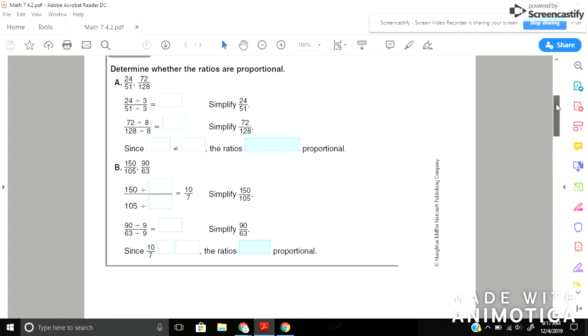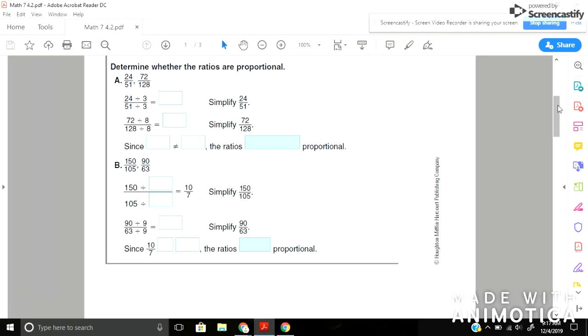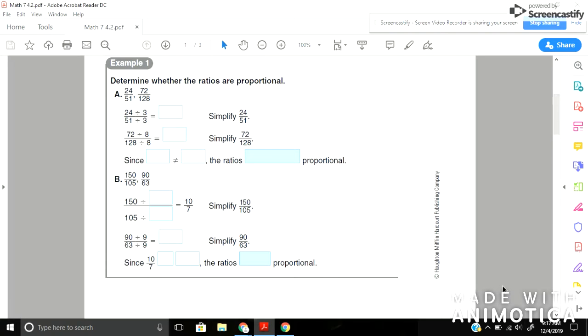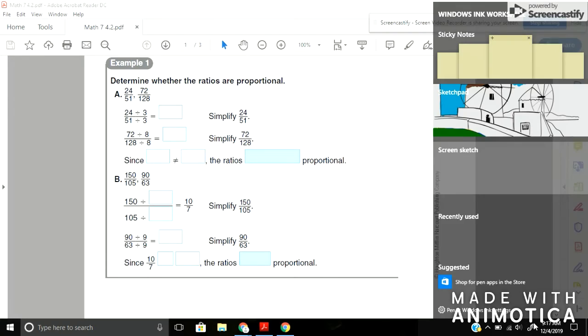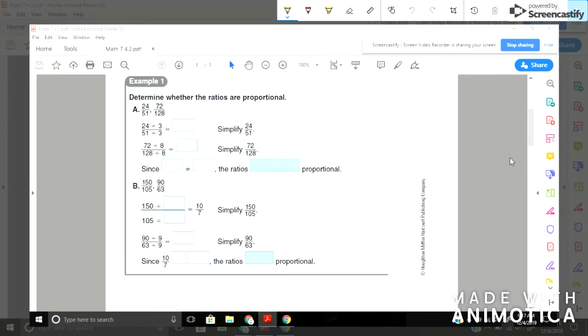For example 1, it wants us to determine whether the ratios are proportional. There's a few different ways to go about this. The first way that we'll do this is to simplify your two ratios.